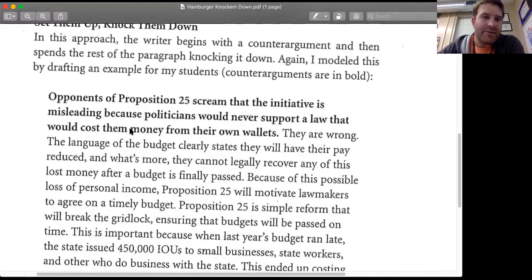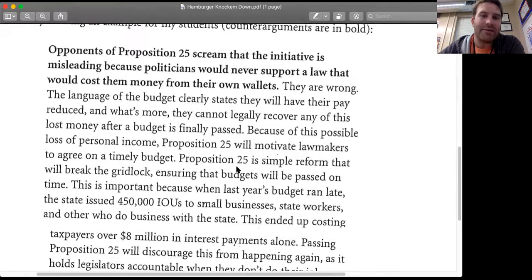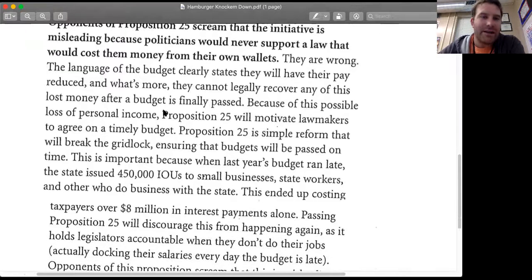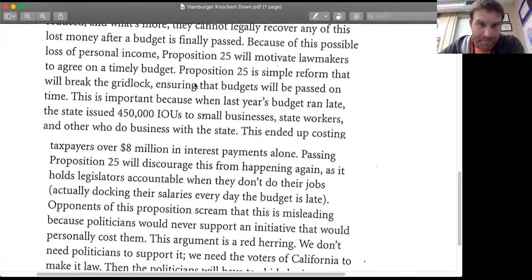So here's how you do this. Opponents of Proposition 25 scream that the initiative is misleading because politicians would never support a law that would cost them money from their wallets. They are wrong. The language of the budget clearly states they'll have their pay reduced, and what's more, they cannot legally recover any of this lost money after the budget is finally passed. Because of this possible loss of personal income, Proposition 25 will motivate lawmakers to agree on a timely budget.